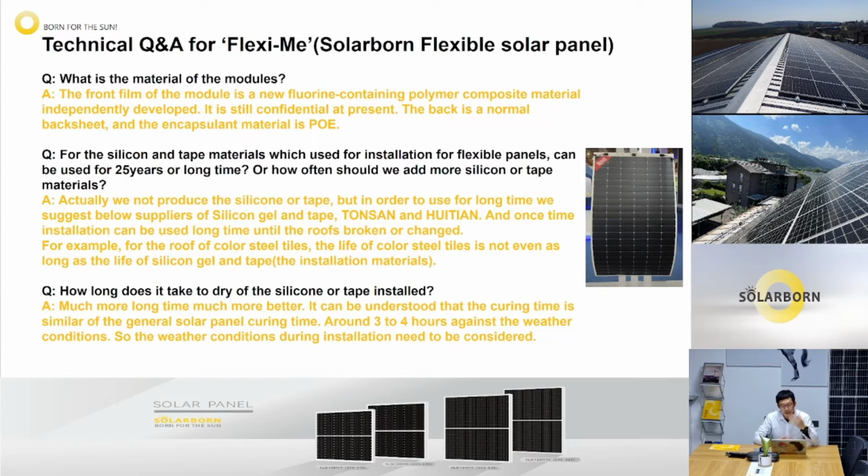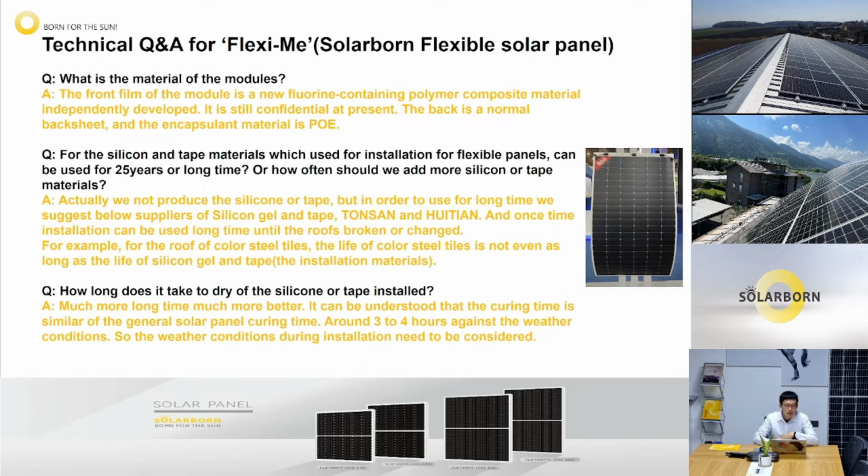Actually, for the front, the carving material we used is the newest technology, because it's still confidential at present. And the back sheet we used is POE material. And the back sheet is the general material now for flex. But the most important is the front carving material. That makes the solar panel flexible.